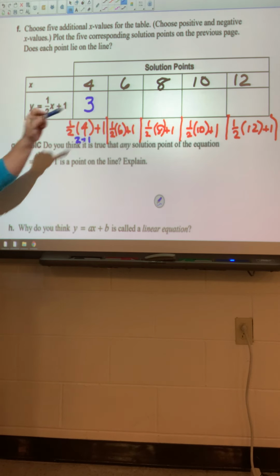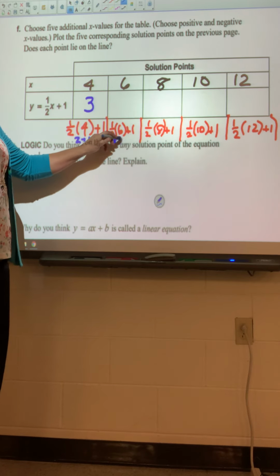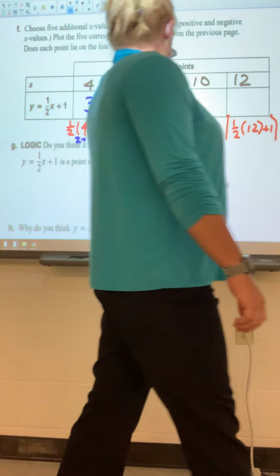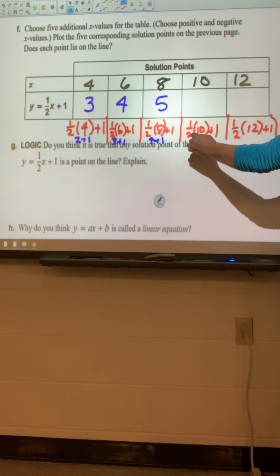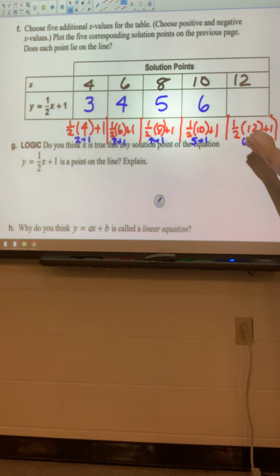Did you guys get 3 on the first one? 4. Looks like there's a pattern here. So these are all points that would be part of the solutions or that make up the line.